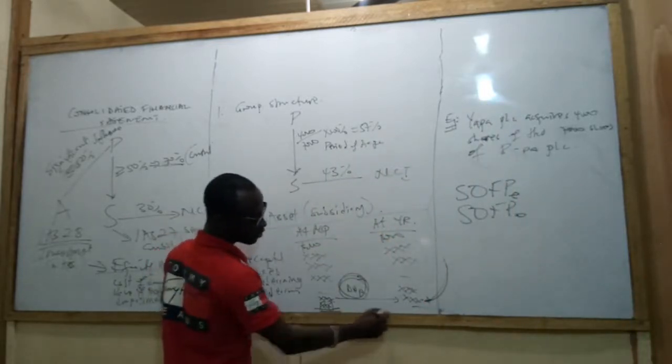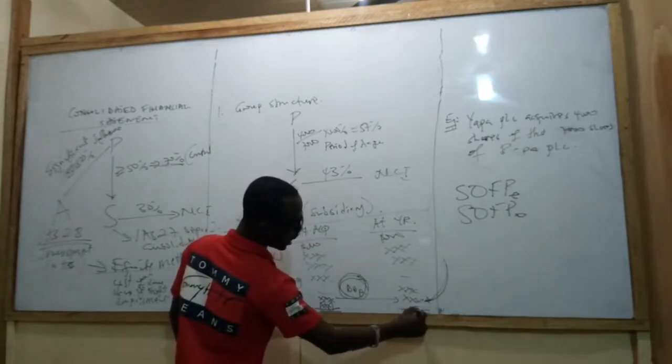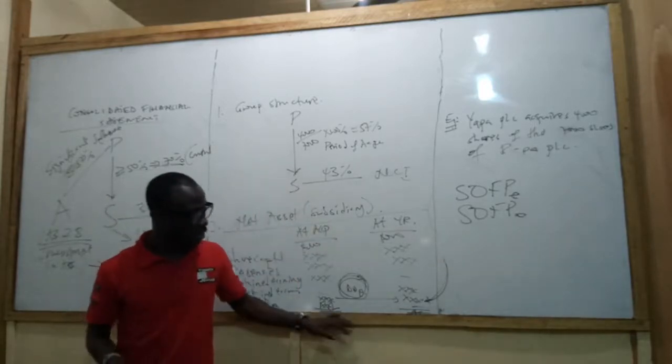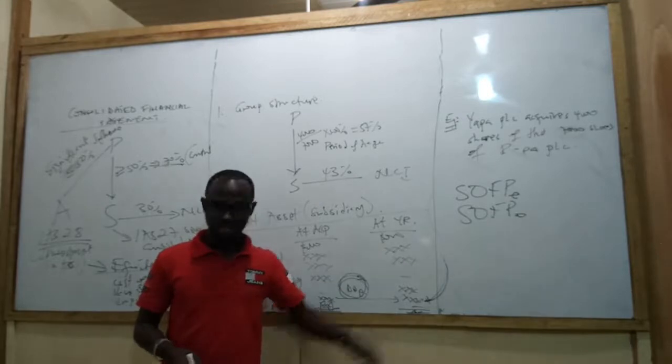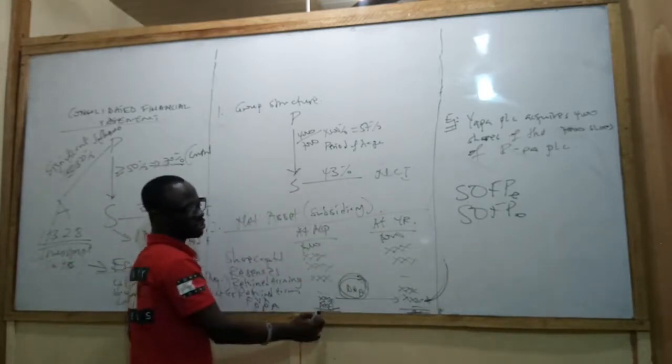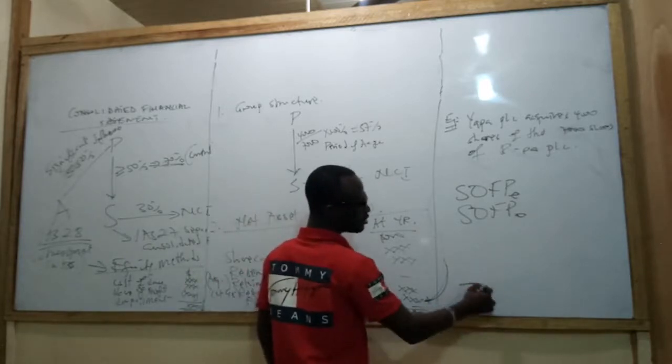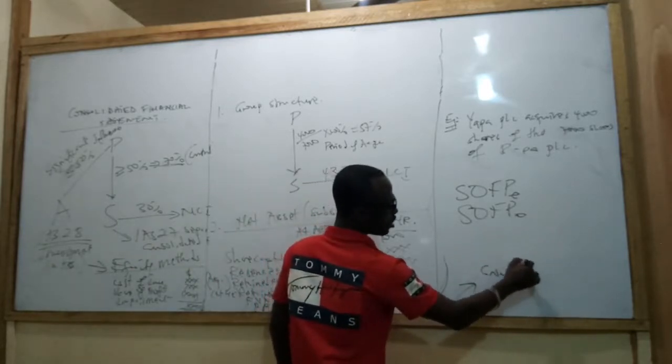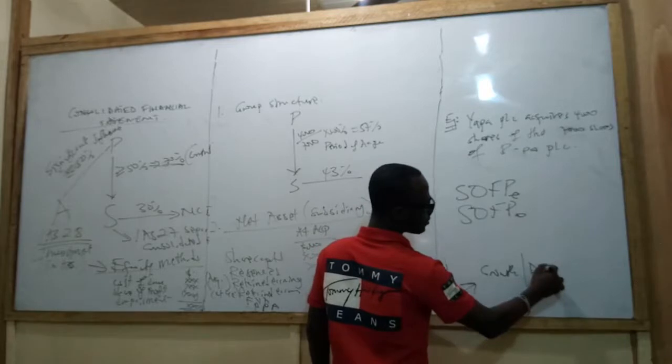My space is gone, unfortunately. So we add all up. So we get a total at acquisition, total at year end. Then we find the difference between the total at acquisition and total at year end. That gives us the growth or decline.